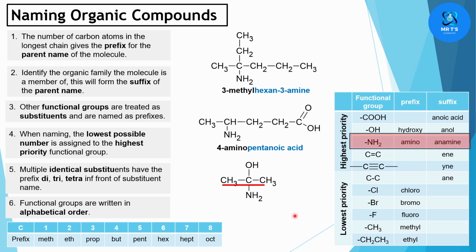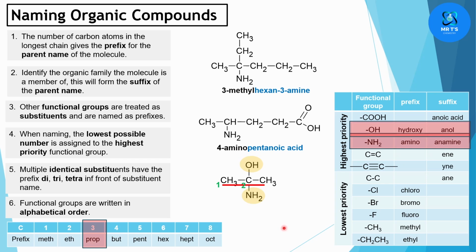When we look at this molecule, we can see that there are 3 carbons in a row and there are 2 functional groups again. So there is a prop, an OH functional group, and an amine functional group. So we have a hydroxy and an amino. But the hydroxy or the alcohol is a higher priority, so the parent name will have the suffix -ol here.